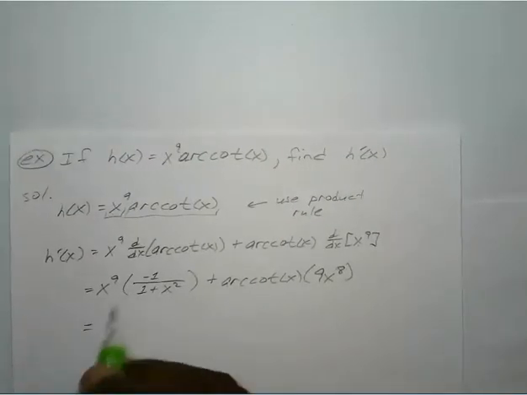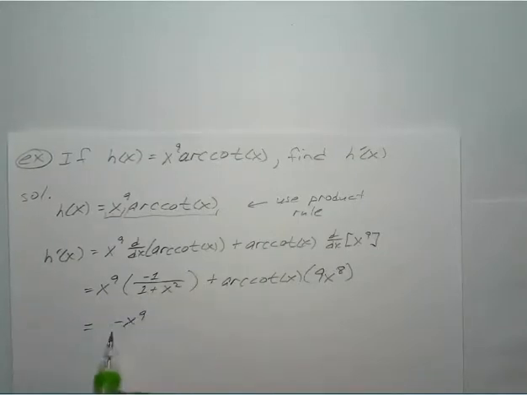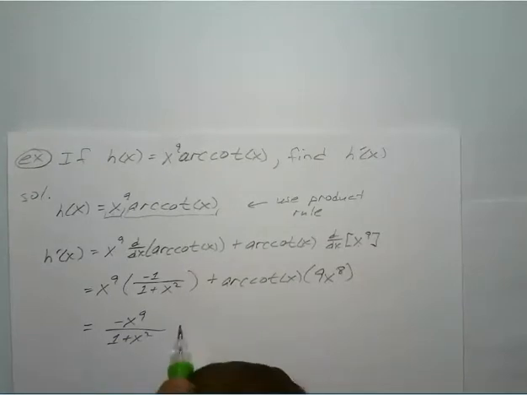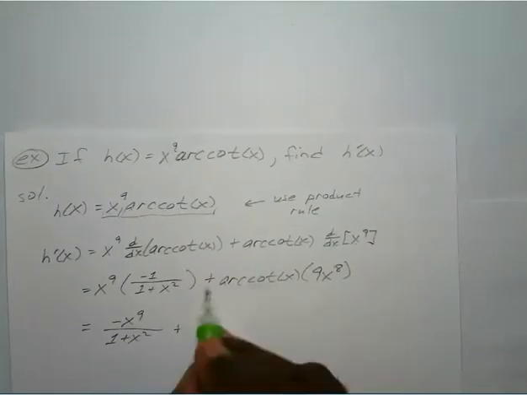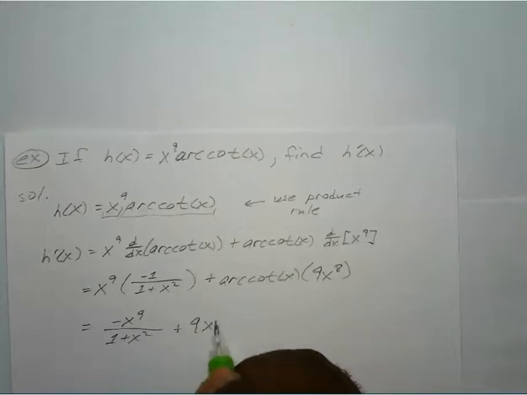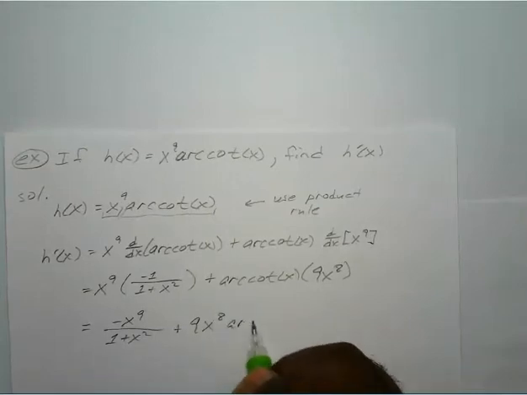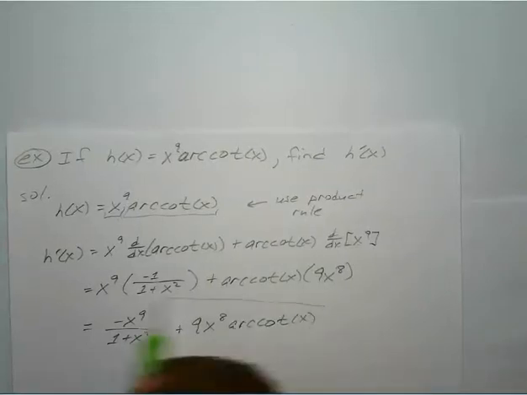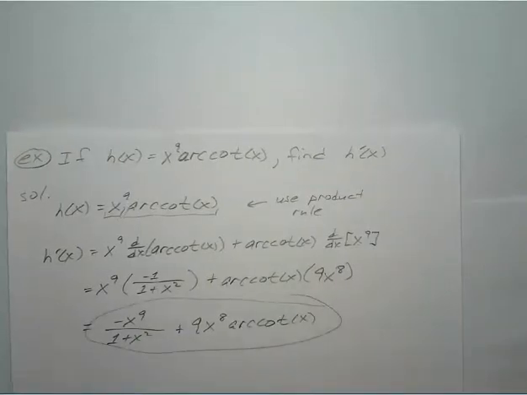Okay, so our derivative just becomes negative x to the ninth power over 1 plus x squared, plus, I'll just move that up to the front, 9x to the eighth power arccotangent of x. Okay, so that's your derivative.